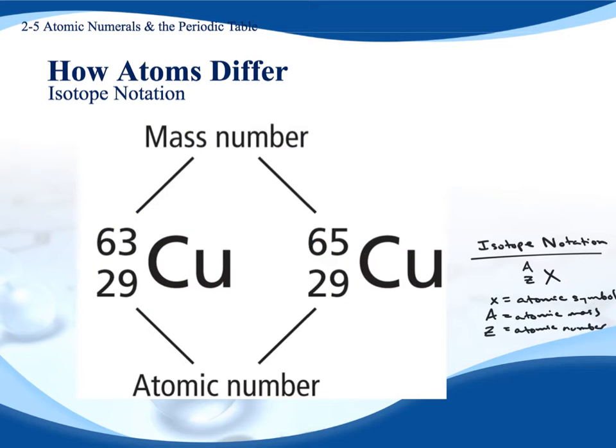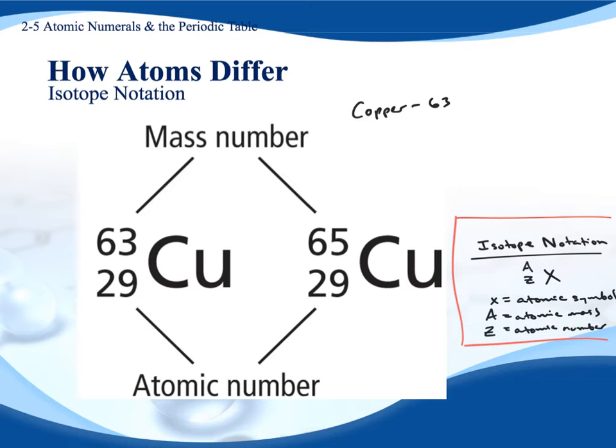When we type it out, we'd write copper 63, like you saw on the previous slide. But what you will often see is this written in what's called isotope notation. Here's your generic formula, the box on the right side of the screen. It's written where A is the atomic mass, Z is the atomic number, and X is the atomic symbol.